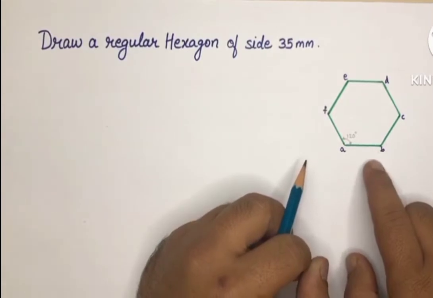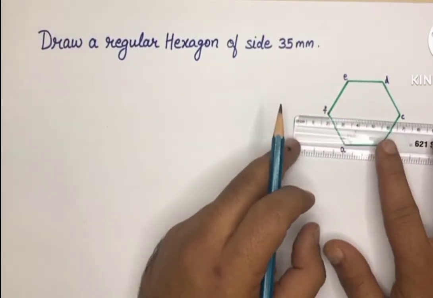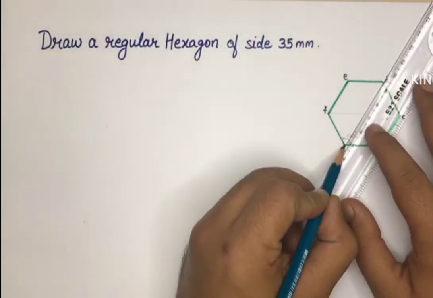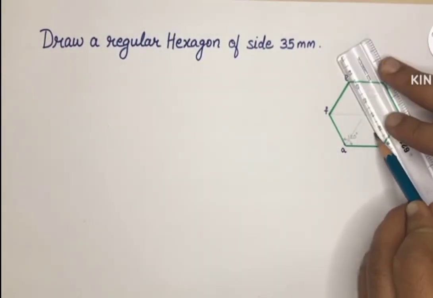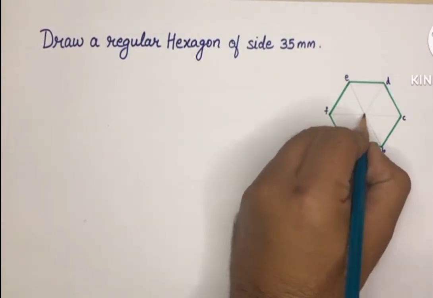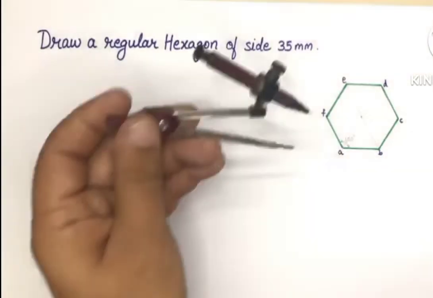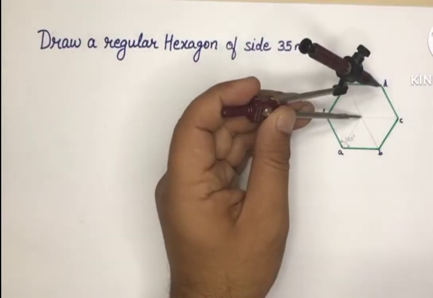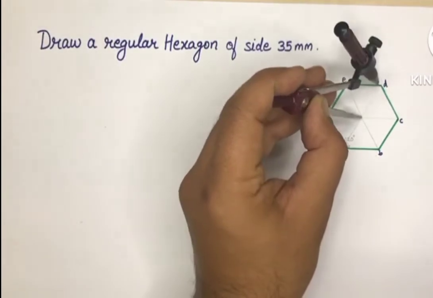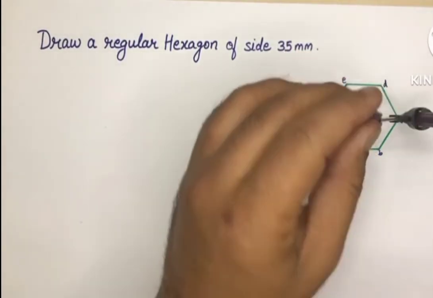Here in this hexagon, if we connect all the opposite corners together, we get the center of the hexagon, and using this center we can draw a circle such that the circle will touch all the 6 points.